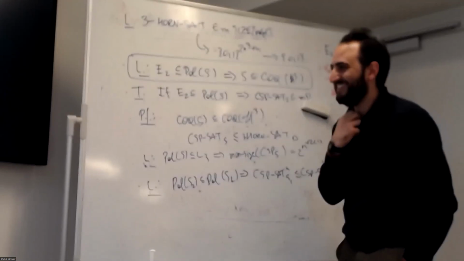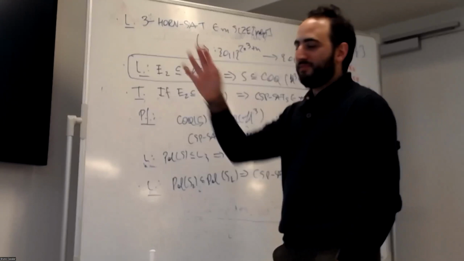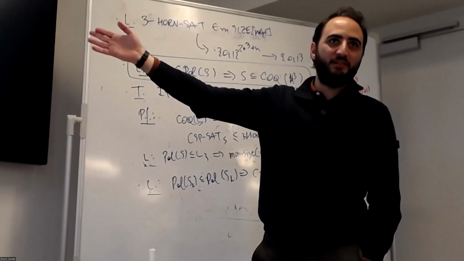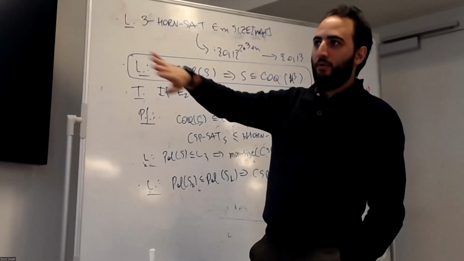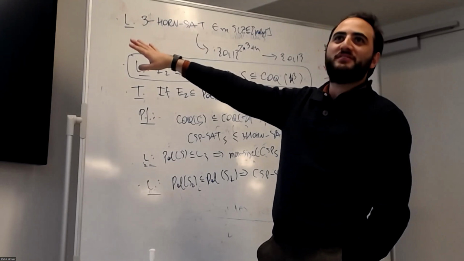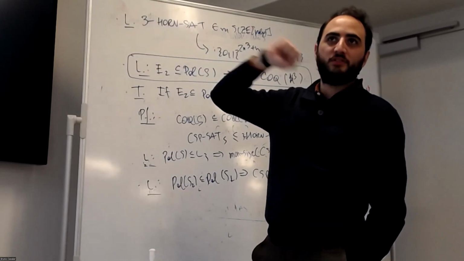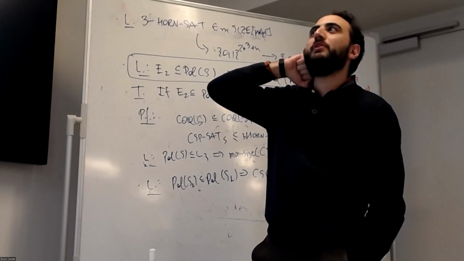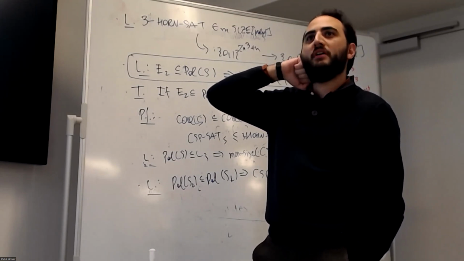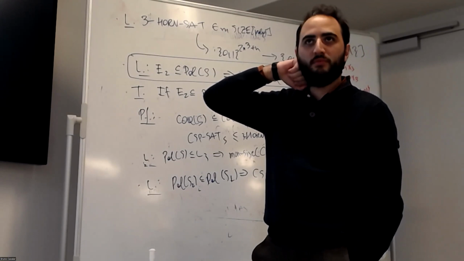Yeah. So one deficiency here compared to the most advanced CSP literature is that the most recent CSP dichotomy is not only for Boolean alphabets, but for any non-Boolean alphabet, any alphabet.